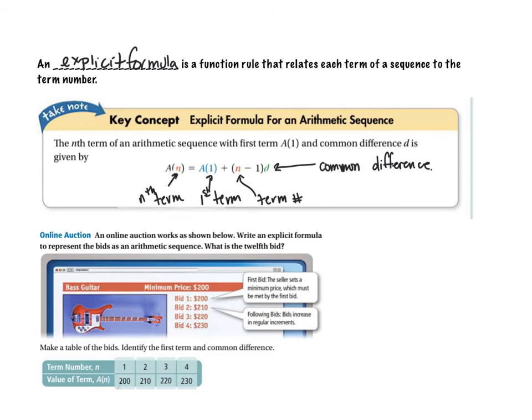Okay, so how do I use an explicit formula to help me see what is going to be some term number of a sequence? The explicit formula is going to help me find higher terms a lot easier than the example we just did where we had to go through every one.